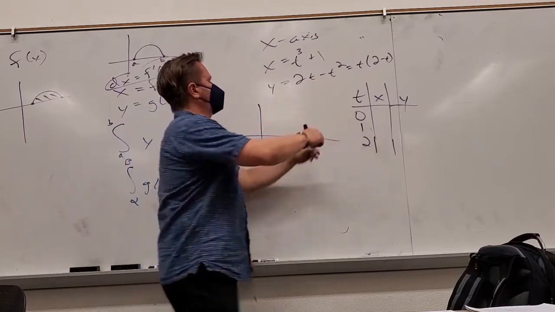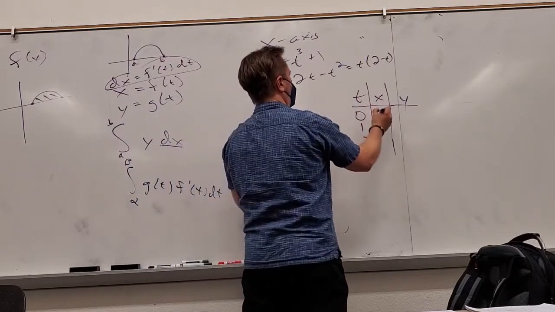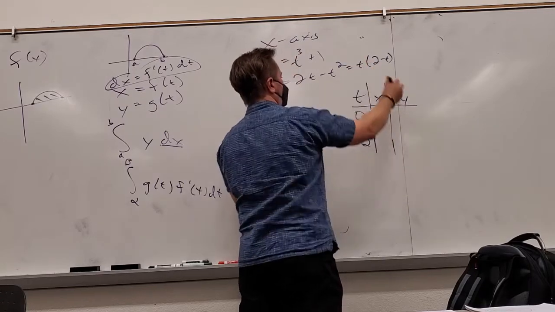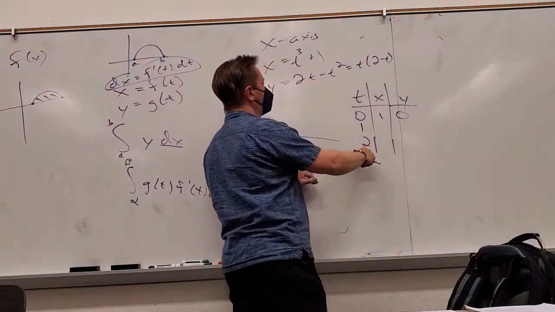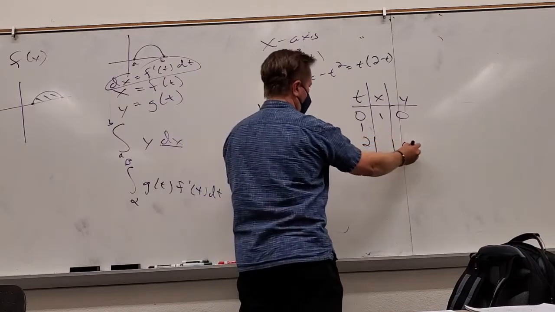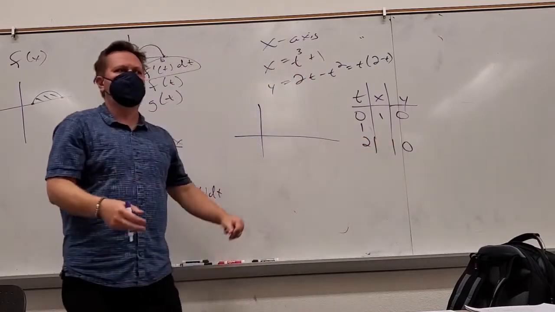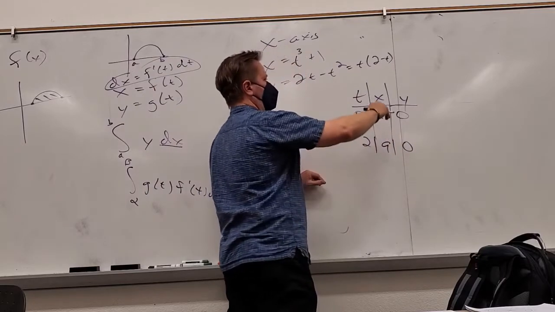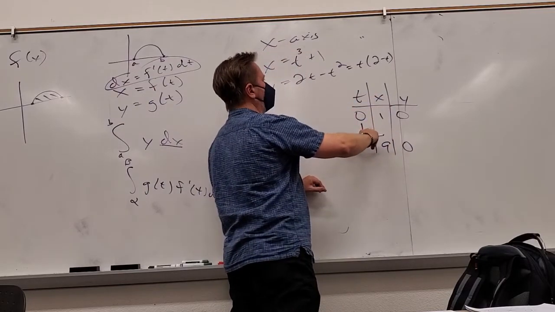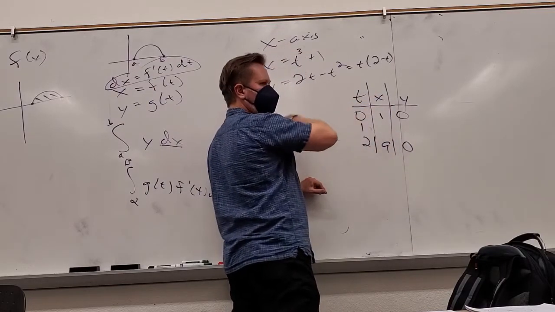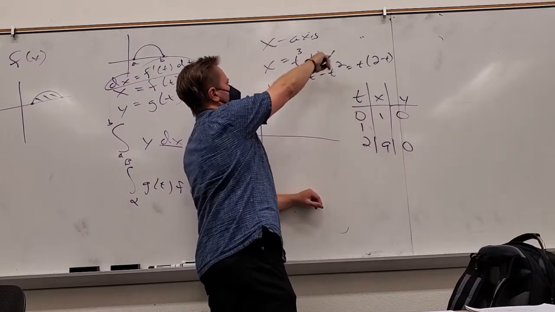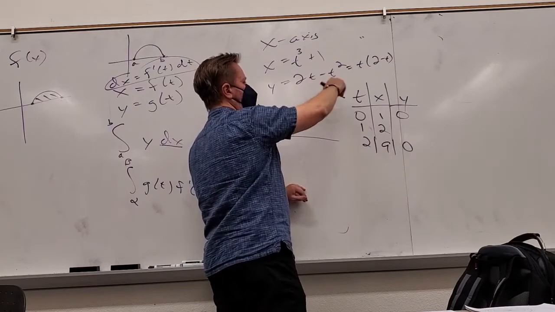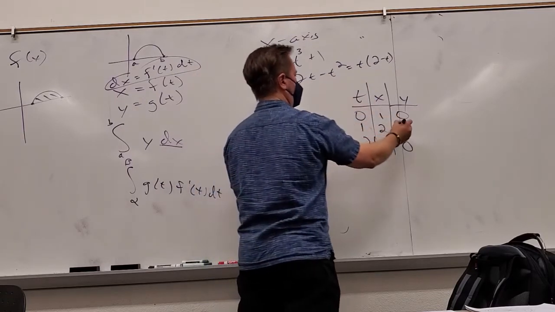So when t is 0, what's x? 1. And of course y is 0. When t is 2, let's do 2 real quick. y is 0, of course it is, because that's how we got to 2. And x is 9. And when t is 1, let's just do something in the middle to give us one more anchor. When t is 1, x is 2, and y is 1.